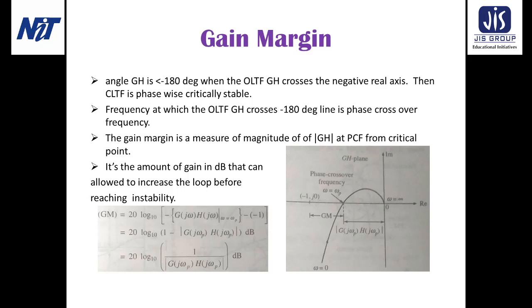Now the measure of the magnitude of mod GH at the phase crossover frequency from the critical point minus 1 plus j0 gives the gain margin, and that we can play with for design purpose before the system becomes just unstable or critically stable gain wise.